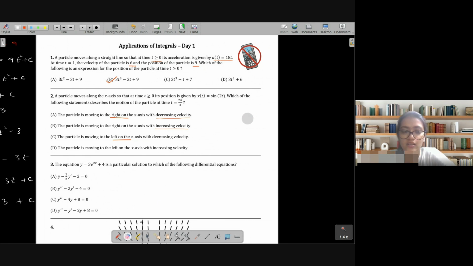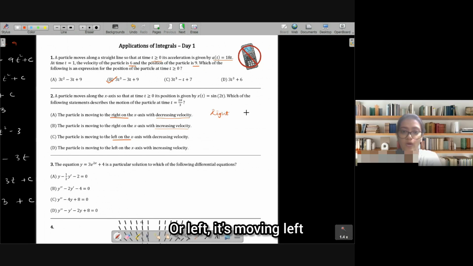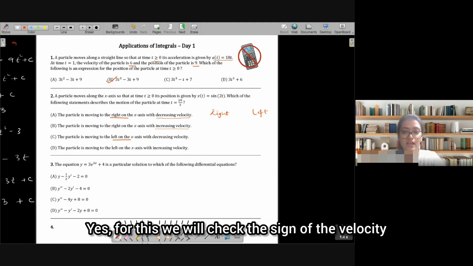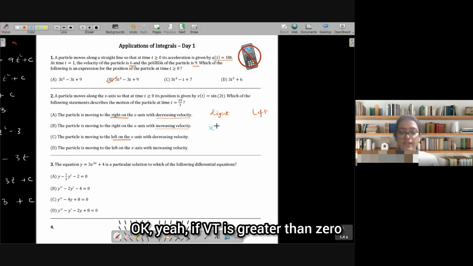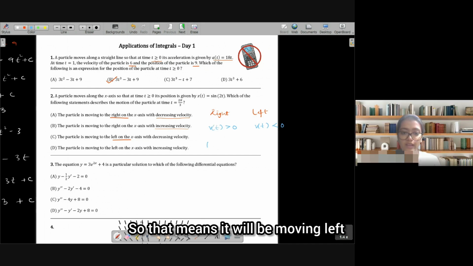First, we have to tell whether it is moving right or left. For this, we check the sign of the velocity. If v of t is greater than 0, it is moving right. If v of t is less than 0, it is moving left. So you got negative, which means it will be moving left.